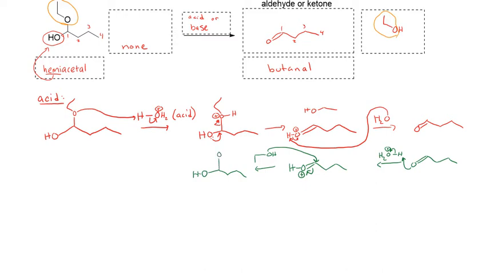So here's the new oxygen with the ethyl group on it, and it still has hydrogen attached, so it has a positive charge. And the conjugate base of the strong acid that I used is water. So the water can act as a base and gets us back to the hemiacetal.